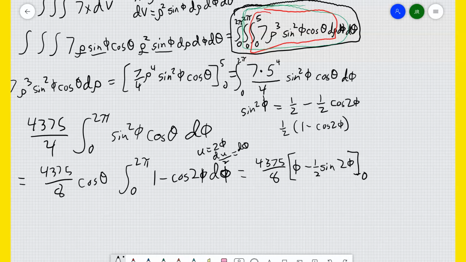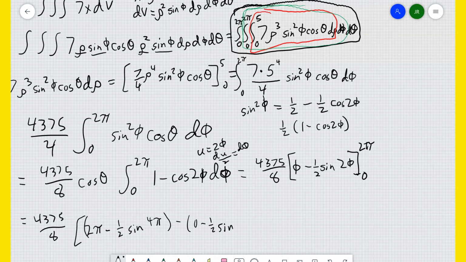Now this is from 0 to 2 pi. So that's going to be 2 pi minus 1/2 sine of 4 pi, minus 0 minus 1/2 sine of 0.